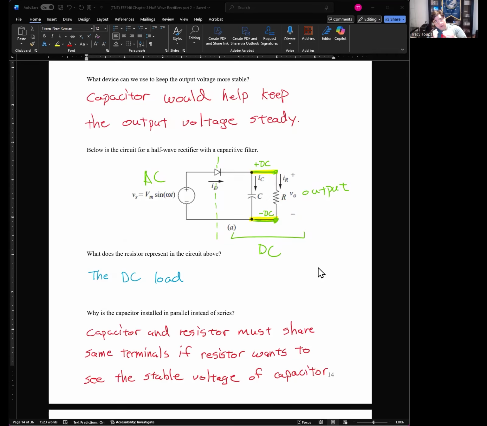When you try to control current, you need to make sure they're in series so they share the same amount of current. Putting this capacitor in series with the resistor isn't going to do anything because the resistor voltage will change drastically because the capacitor is there as well. But when we link them together like this, the capacitor helps stabilize the voltage so the resistor gets a nice steady output. And that's exactly what we want at the end of the day.